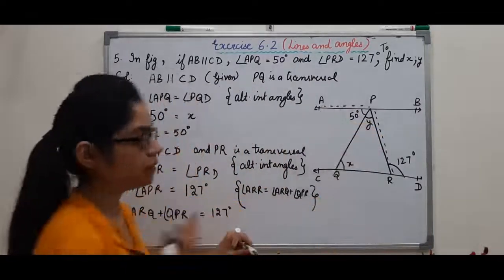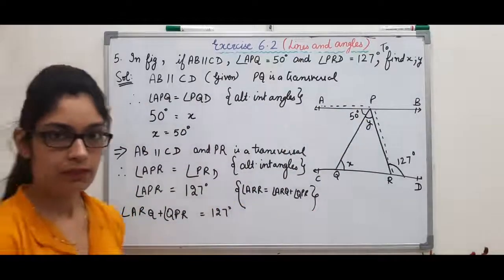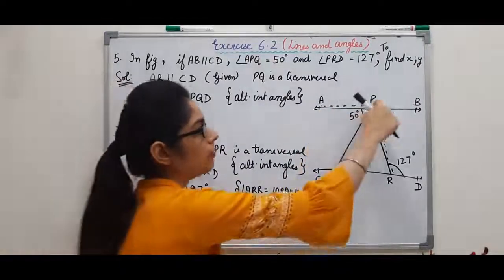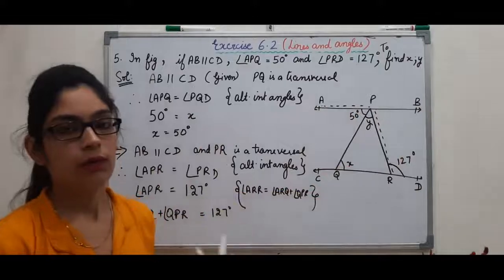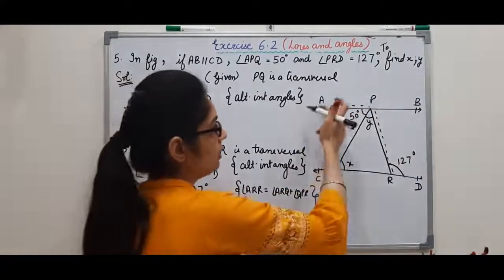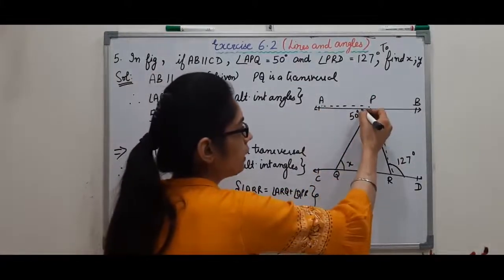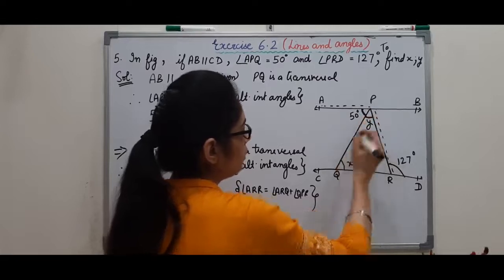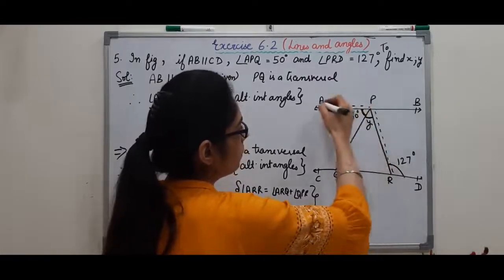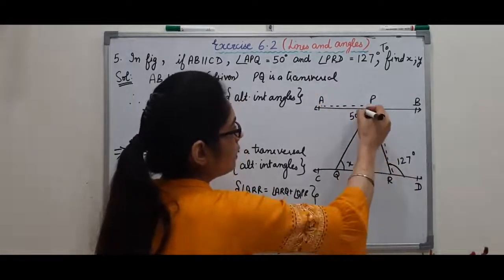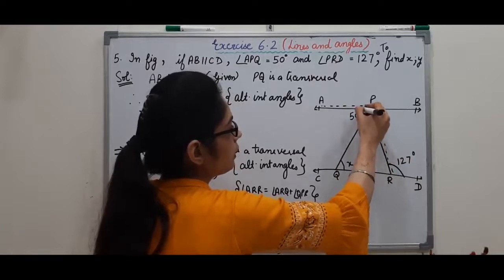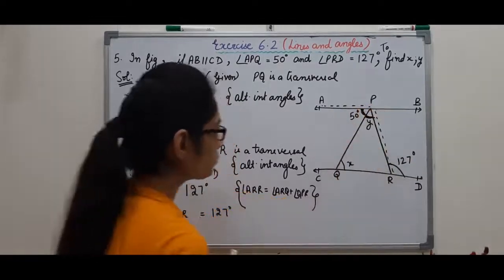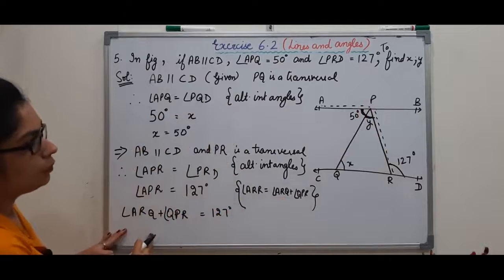See, we have been using this concept from the previous exercise itself. One complete angle we are breaking down into its two constituent angles. One is APQ, this one, and the other one is this one, which is QPR. So complete angle APR is the sum of this angle plus this angle. So if we add, we will get this.